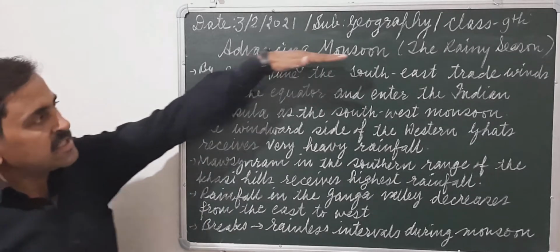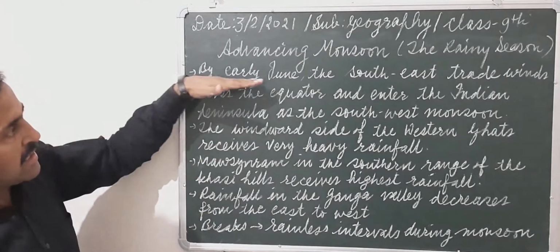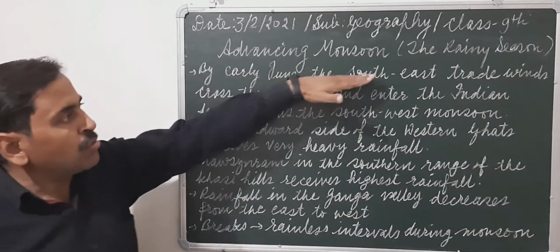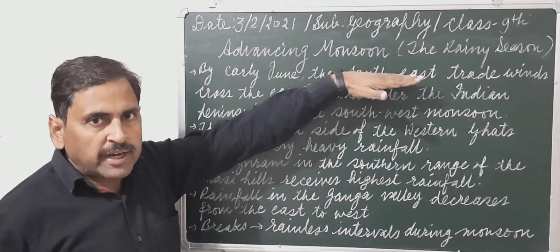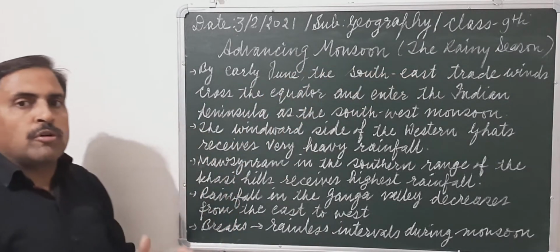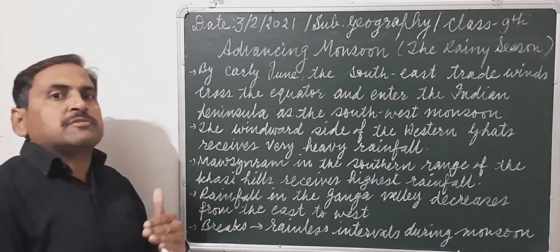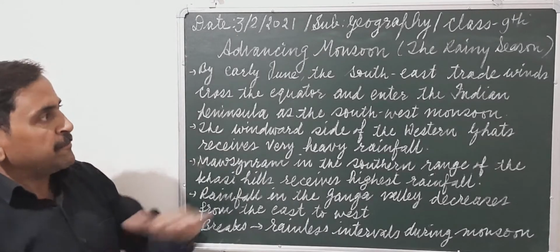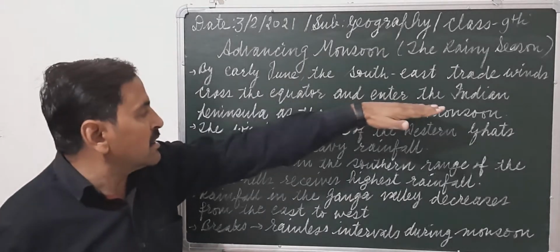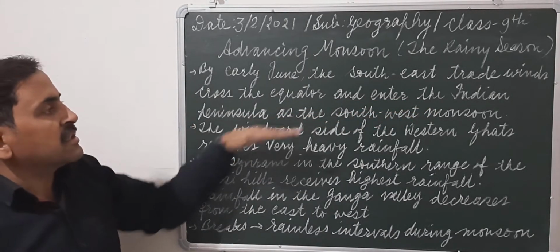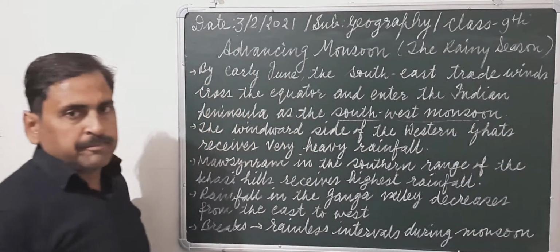Next, advancing monsoon or the rainy season. By early June, the southeast trade winds, remember that the southeast trade winds blow from the subtropical high pressure belt of the southern hemisphere to the equator, cross the equator and enter the Indian peninsula as the southwest monsoon winds.